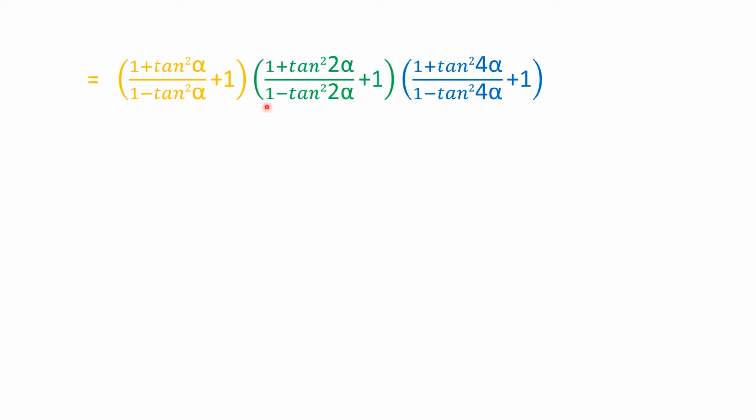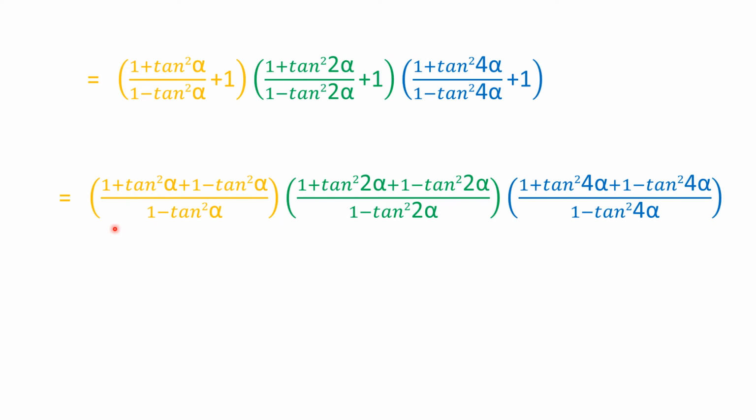After this, we can assume 1 below each of these ones. If we assume 1 over here, the LCM of 1 and 1 minus tan square alpha is 1 minus tan square alpha. Similarly, we take the LCM in the other two places. Then on simplification, we will get this line. I hope this is clear.